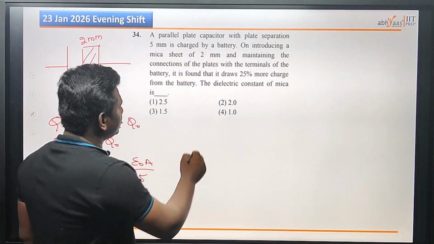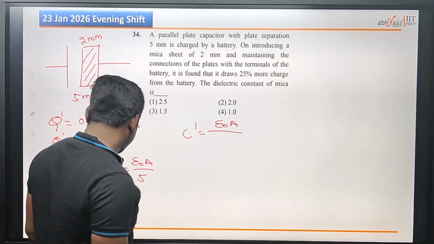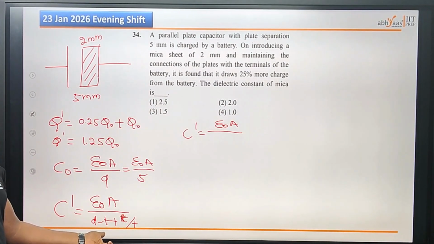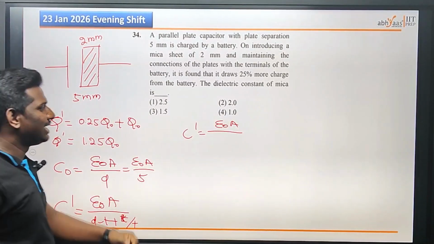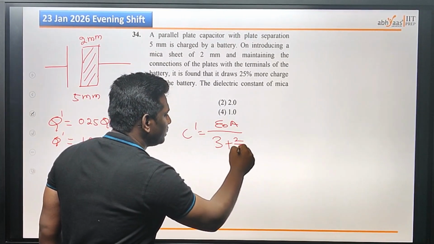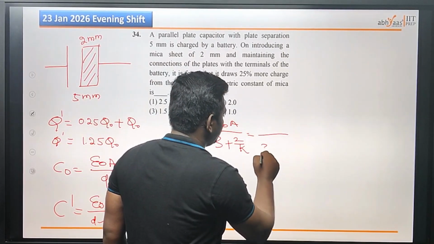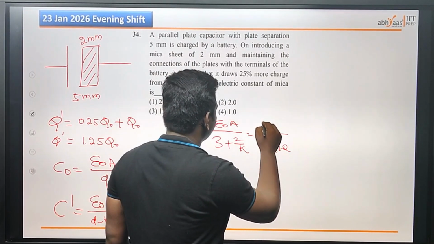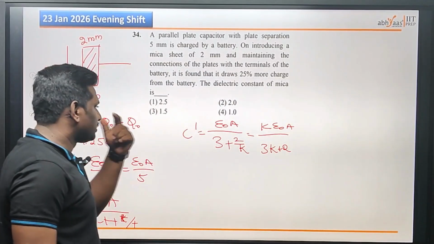So C prime can be written as epsilon naught A by D minus T, 5 minus 2, you will get 3, plus the thickness 2 by K. So see here, K epsilon naught A by 3K plus 2. This is our C prime.